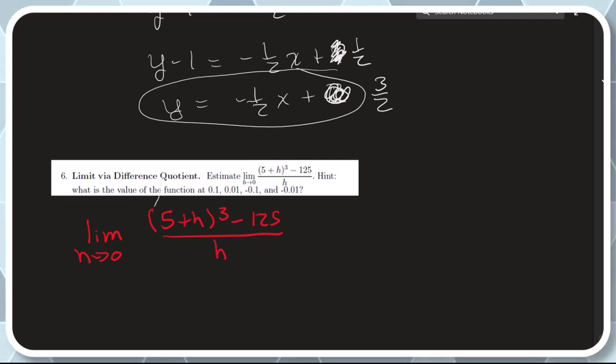There's a couple ways to do this. One way is just to plug in numbers that are very close to 0 and see what you get.